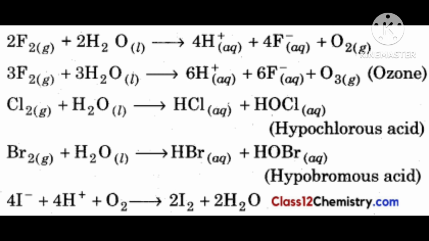Now you can see, HF is a weak acid in comparison to HCl, HBr and HI. The pKa value for HF is 3.2, but the others are negative. That's why HF is a weak acid, at plus 3.2. HCl is minus 7.0 and HBr is minus 9.5, more negative, because HBr is a stronger acid than HCl.